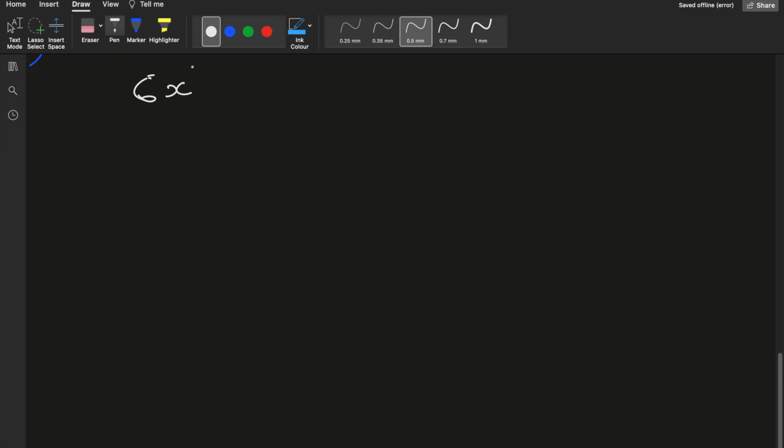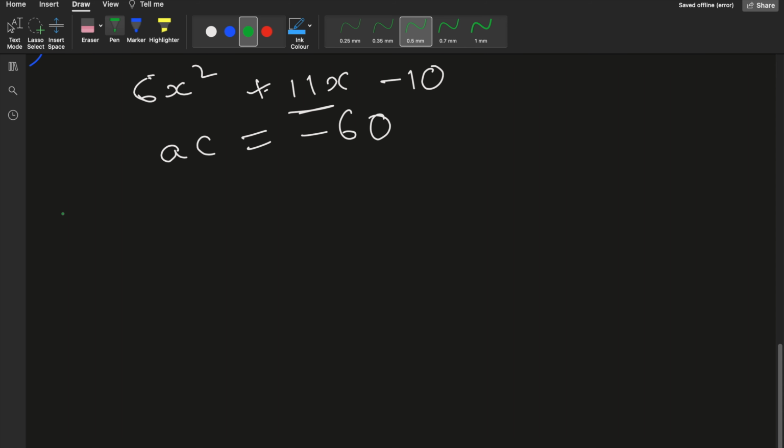AC equals minus 60. We've got to find 11, so we'll find all the possibilities. It cannot be minus 1, so we'll look at minus 3 into 20. No, this is not possible. Then we have 5 into 12.